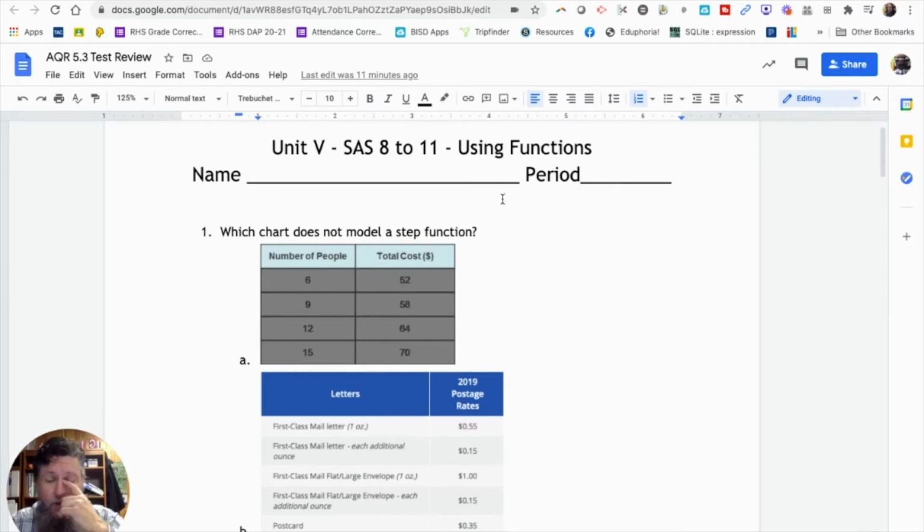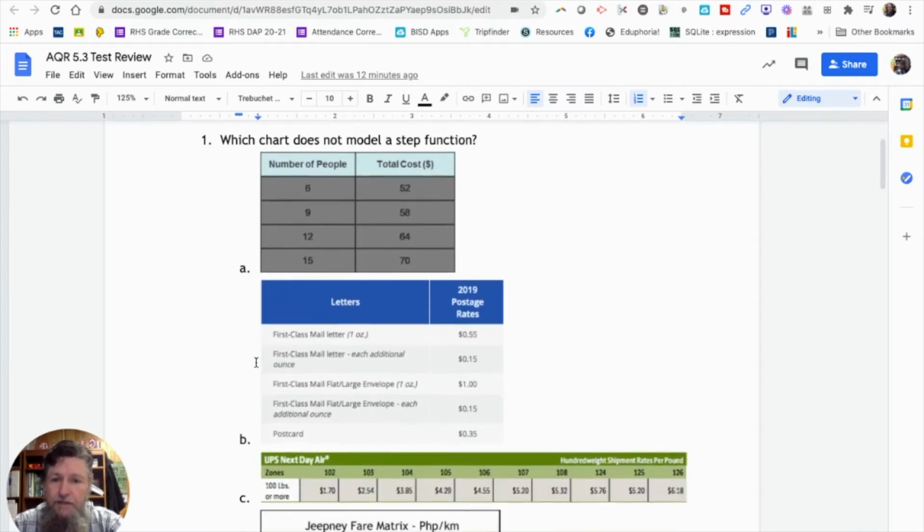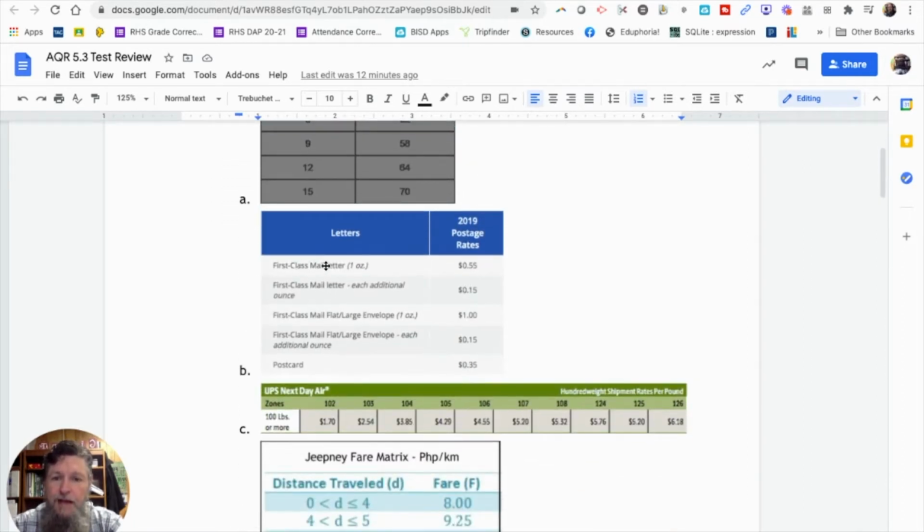We can look at the rest of them, but as you can see, A is already your answer. But let's look at the other ones. B, first class mail letter: 1 ounce is 55 cents, and for each additional ounce it is 15 cents. Now that may seem linear, but here's the deal.